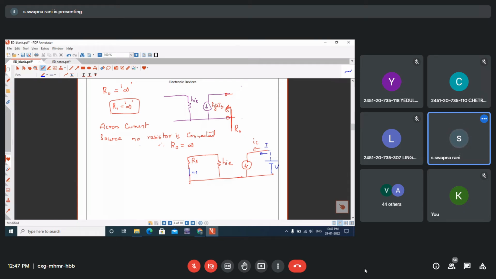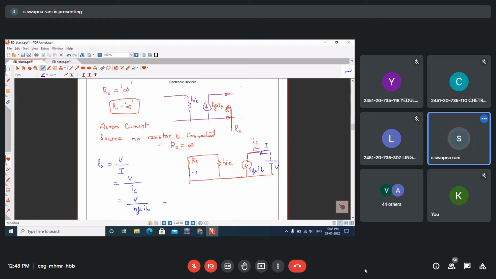So by the definition, R0 is the voltage source applied at the output terminals divided by the current generated at the output terminals. So V by I. What is I? Can anyone tell what is I? I and IC are in the same direction and both are the same. So in place of I, I will write IC. So V by, what is IC? HFE into IB.